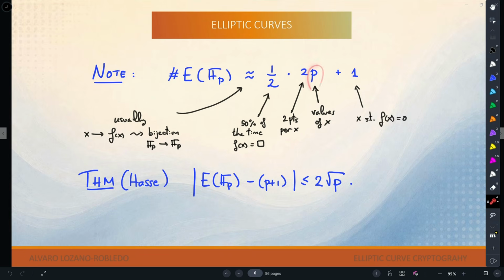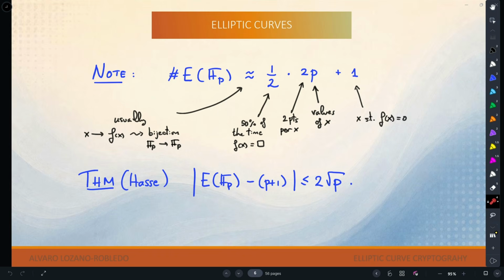So if you assume all of that just to get a heuristic, what happens most times, I have p options for x. Every time that f(x) is a square, I will have 2 points because there is the plus or minus y. So it will be x and plus or minus y as points. However, it is a square about half of the times.